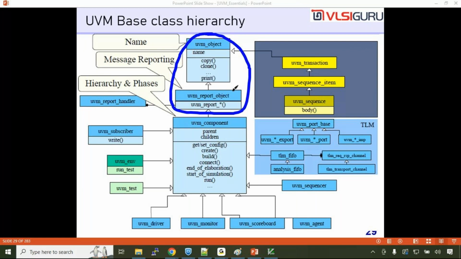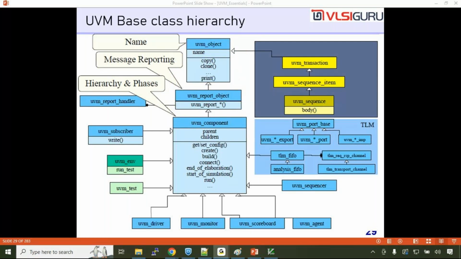So, what is the advantage of inheritance here? Whatever properties and methods the base class has automatically become part of the derived class. So, you don't have to declare them again.